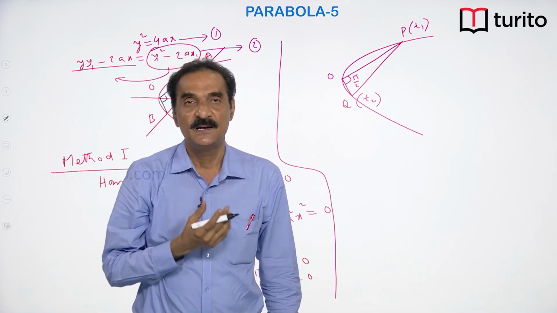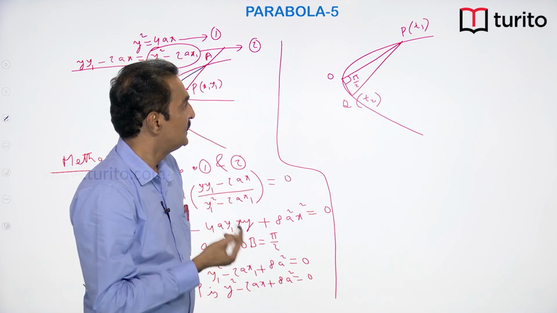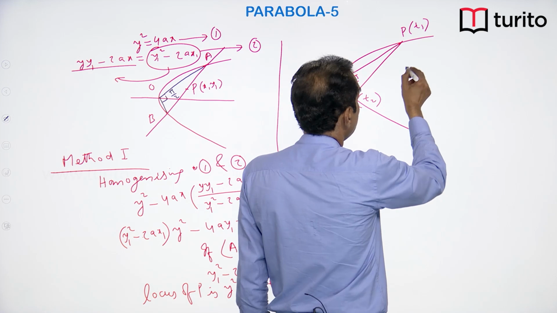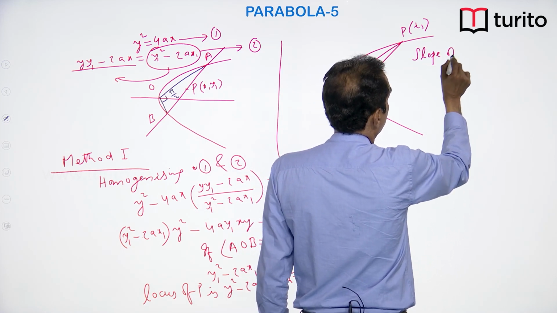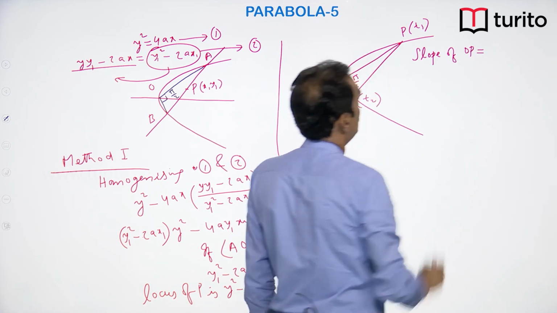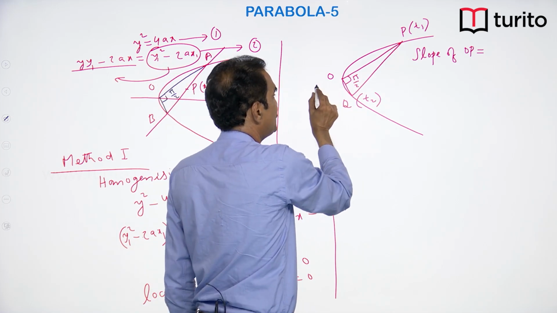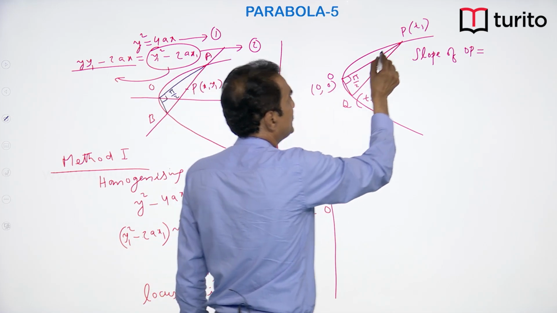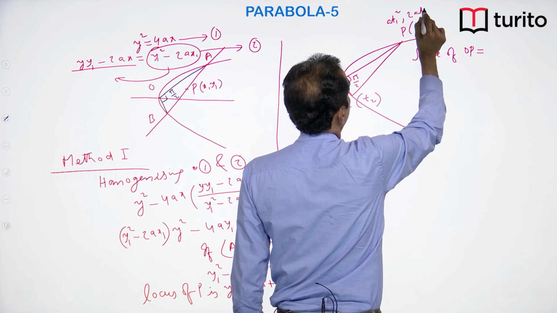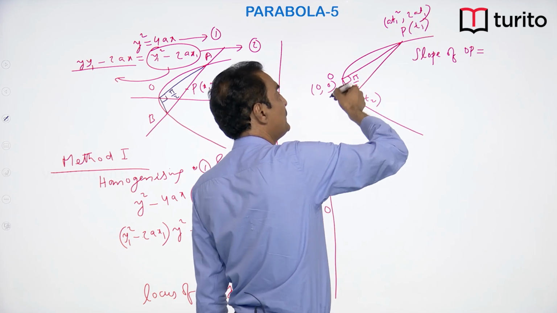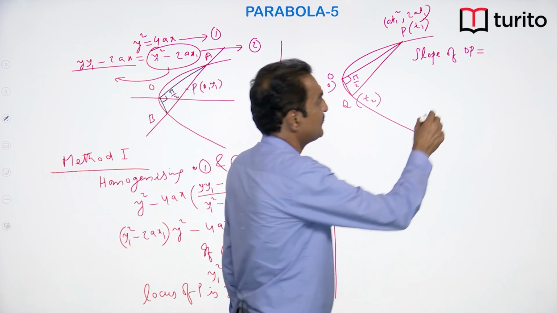P of T1 means AT1 square, 2AT1, Q of T2 means AT2 square, 2AT2. Now, what is the slope of OP? This is origin, this is AT1 square, 2AT1. What is the slope? 2AT1 minus 0 by AT1 square minus 0. What you will get? 2 by T1.